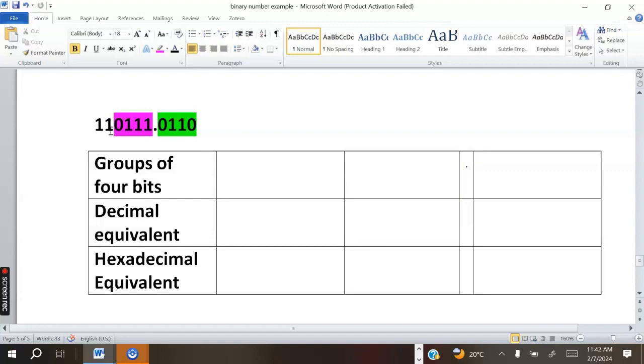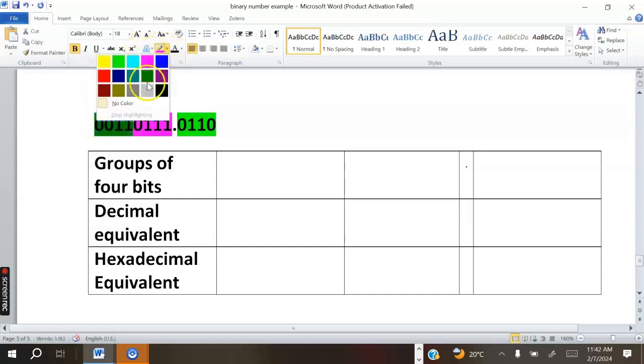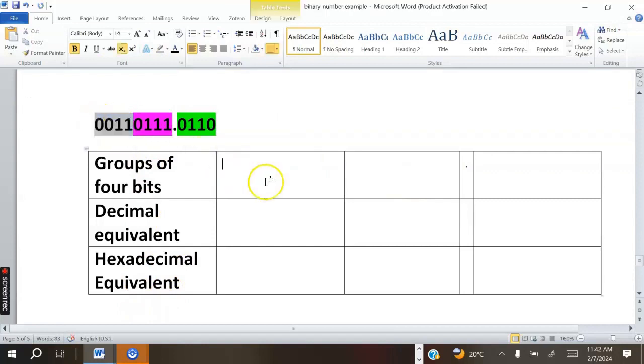As per the rule, if the bits are less than 4, then add 0s to the left of the bits in the integral part. So the left is supposed to be 0, 0. So we have now another group with 4 digits. The next step, of course, is to write them down in groups of 4.